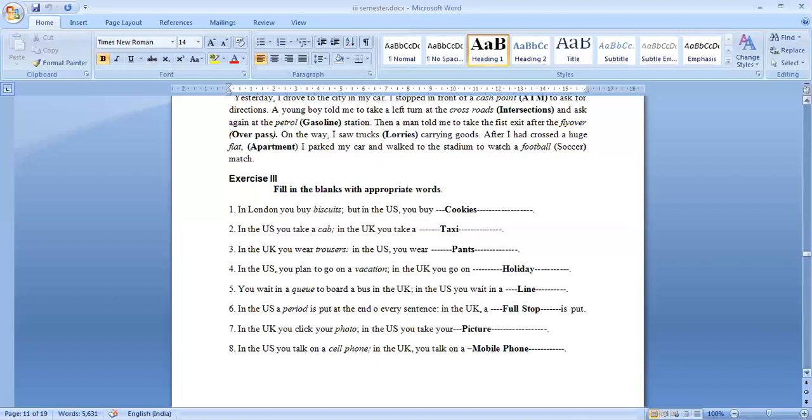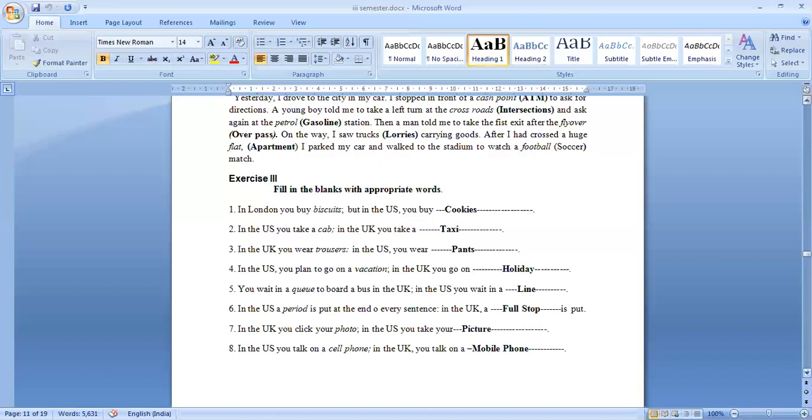Look at the second sentence, sentence number 2. In the US, you take a cab, but in the UK, you have to take blank. The US people call it a cab, a vehicle we can hire for a fee.